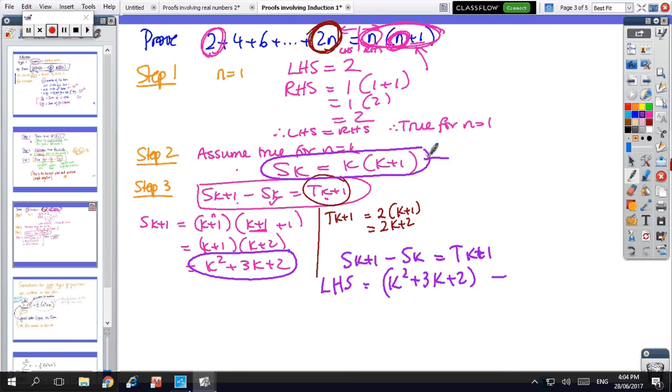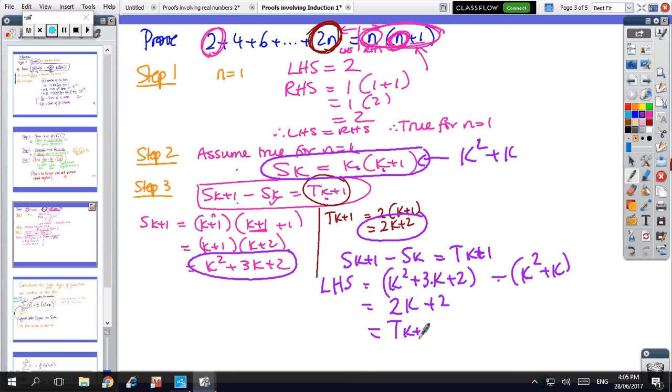Now I didn't expand that out, but k times k is k squared, k times 1 is k, so k squared plus k. So k squared minus k squared is nothing, 3k minus k is 2k, 2 minus nothing is 2, and then you say equals t(k plus 1), therefore true for all values of n.